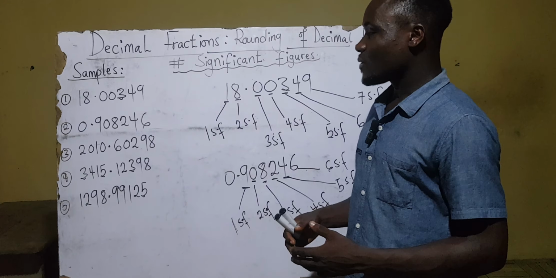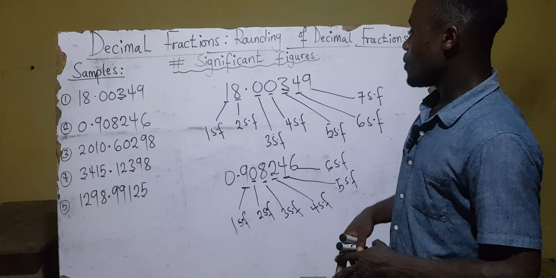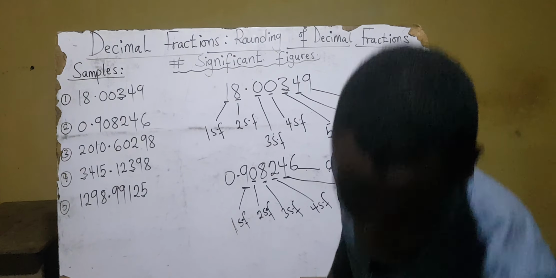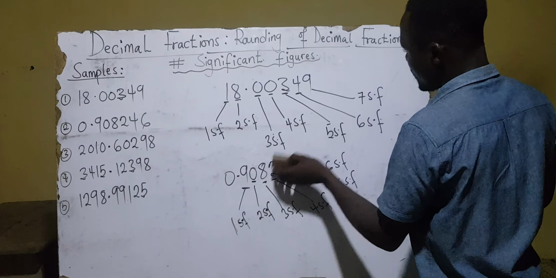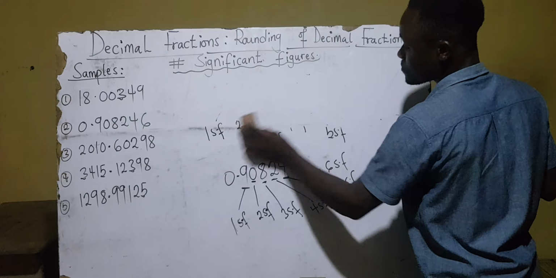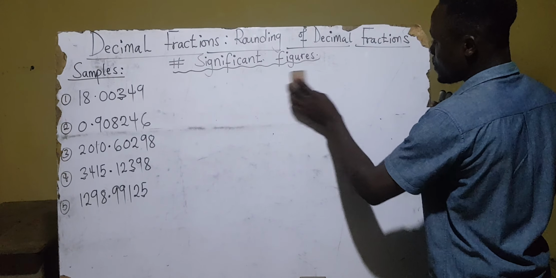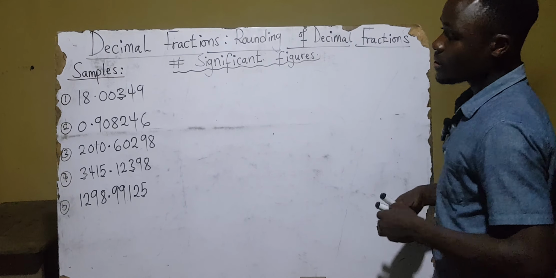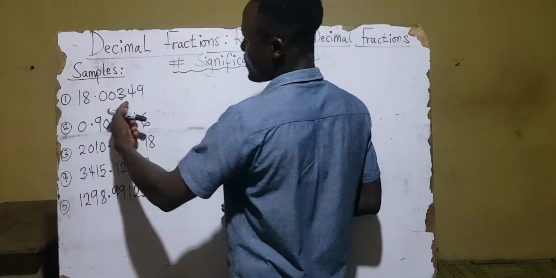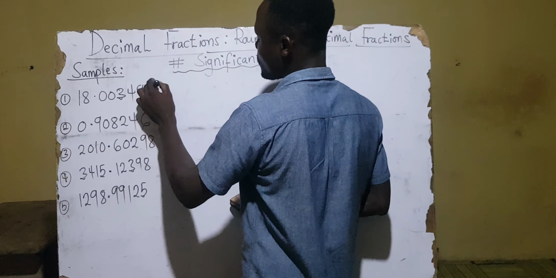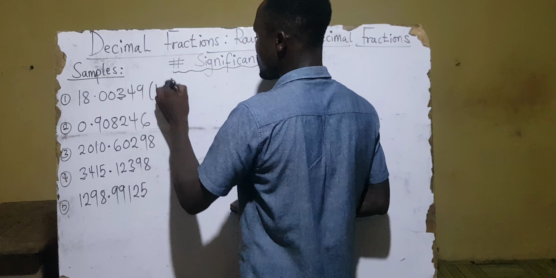So now we are going to start with 1 SF, 2 SF, and 3 significant places. Now, assuming over here, question number 1, I have been asked to round to, let's say, 1 significant place.